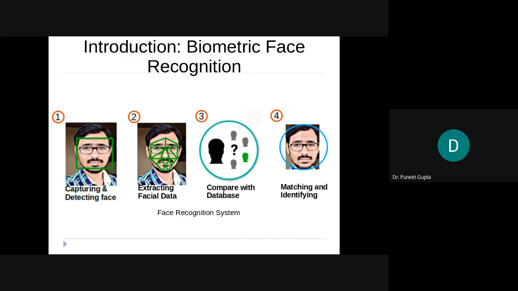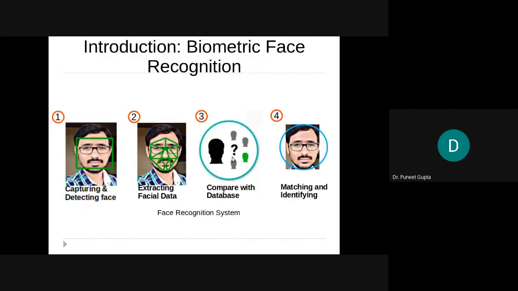In very simple words, let's say we want to build a biometric face recognition system. First we find where the face is, then we extract some features from it and store them in the database. That's the first step, known as registration. Then in the future, if this person comes up, you again gather the face, extract the features, match them with all the templates stored in the database, and whichever it matches to, you say this is that person.